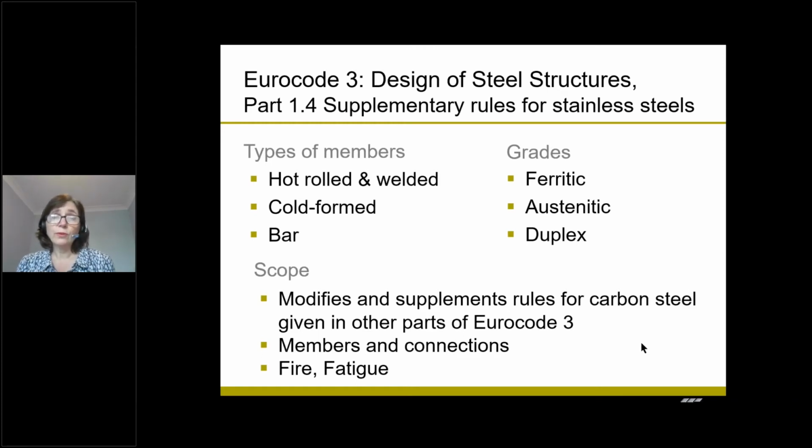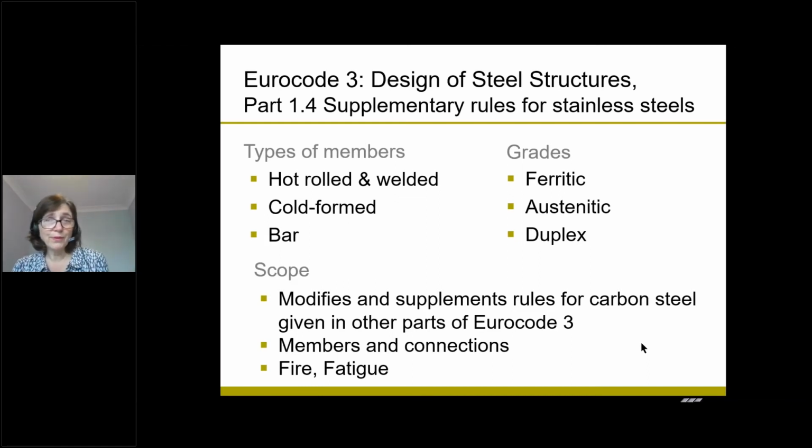And it's quite short because it's only a supplementary standard. So it only gives rules where you can't use the carbon steel rules. And the message I want to convey today is that generally you can use the carbon steel rules.